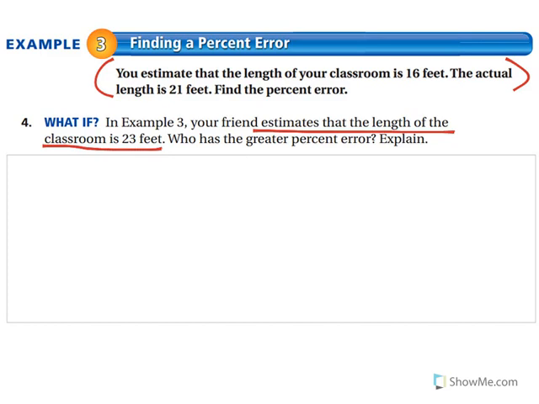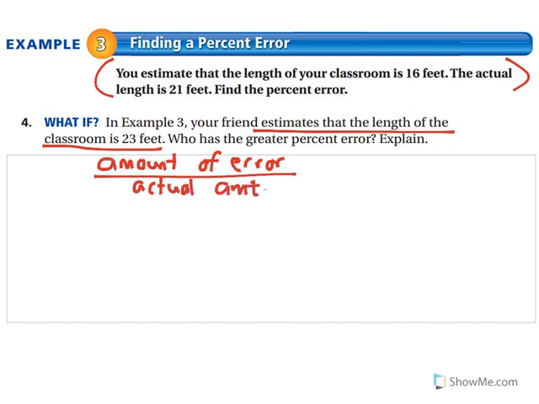Okay, so being a percent of error, I'm going to remind you what this formula looks like. For the percent of error, this is the amount of error divided by the actual amount. So in this problem, we estimated 23 feet, and the actual length is 21 feet.